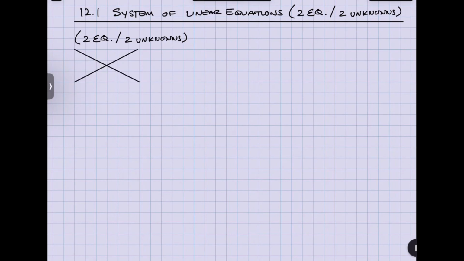One is that they can intersect each other at one point called x comma y, which means that if we find x, we have to find y. The other situation is the two lines could be parallel, and they never touch each other.